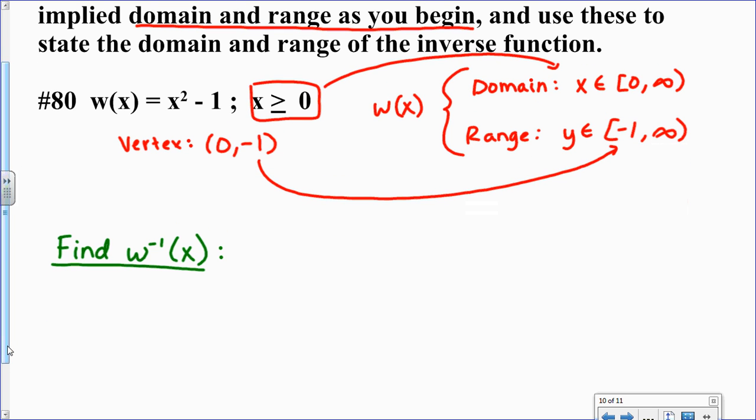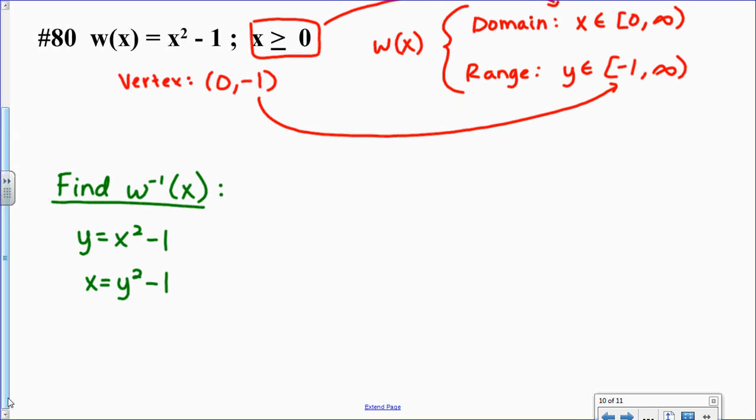Write y instead of w of x. Switch x and y. Add 1 to both sides.